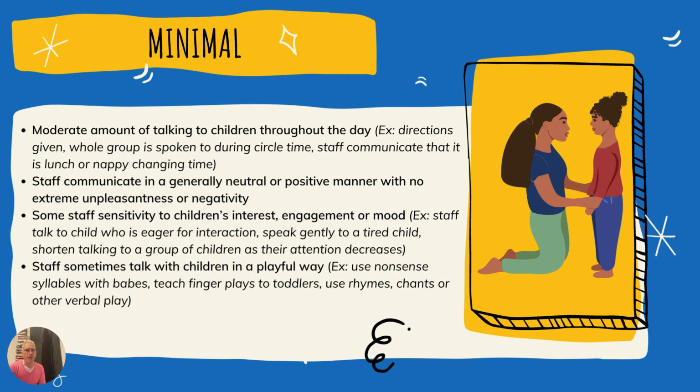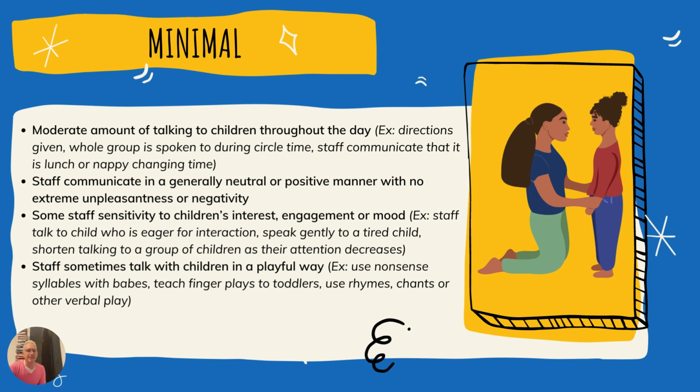So for example, staff talk to children who are eager for interaction, speak gently to a tired child, shortening talking to a group of children as their attention decreases. So this is really about staff tuning in and knowing what children need and communicating in a way that is receptive to their mood and behaviour.